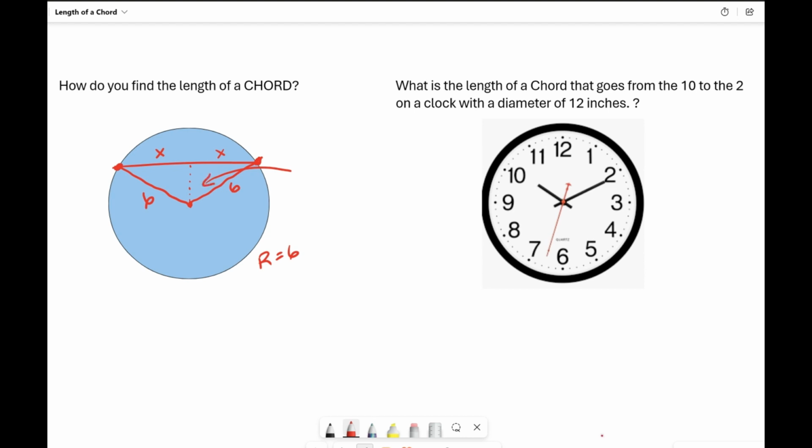So let's say that this angle is 120 degrees, the interior angle, meaning that from here to here is also 120 degrees, that this represents 1/3 of the circle.